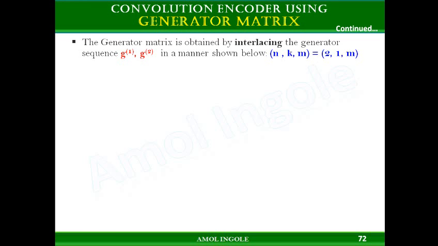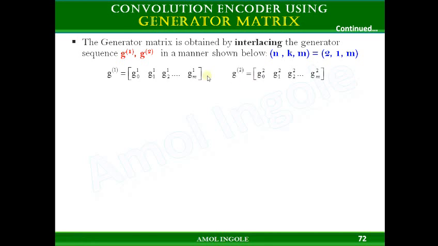The generator matrix for convolution encoder can be obtained by interlacing the generator sequences G1, G2, and so on in the manner shown below. For this, we are going to consider the block size of the convolution encoder as n, k, m, where n is considered as 2, k as 1, and there will be m number of memory units or shift registers.